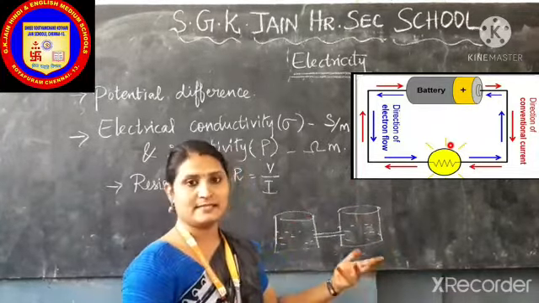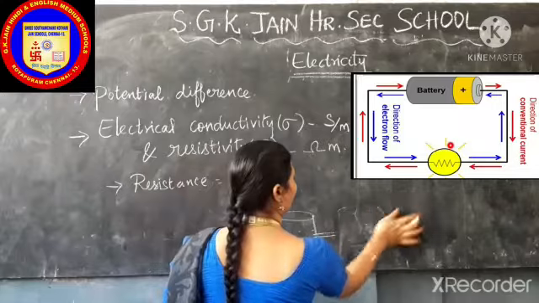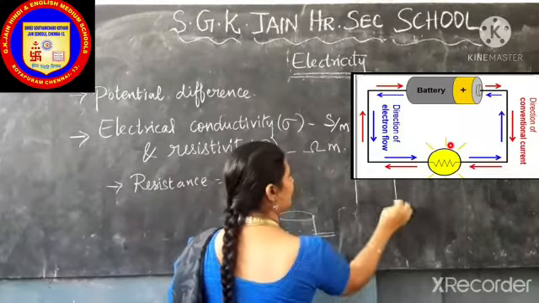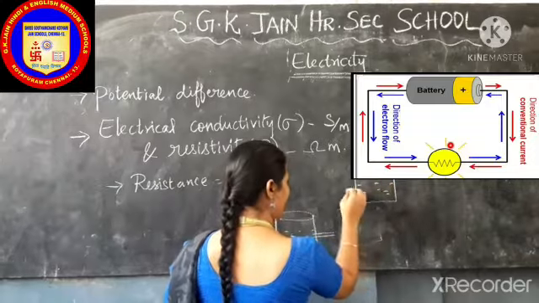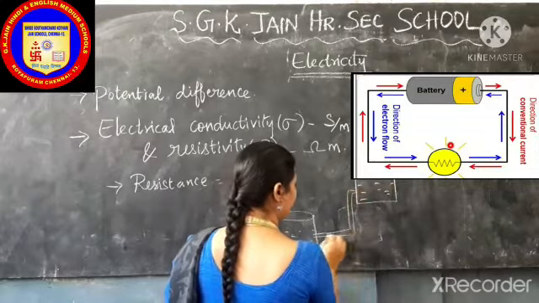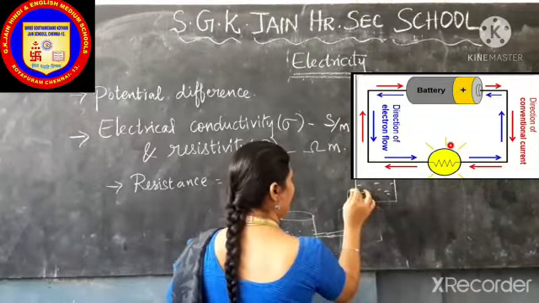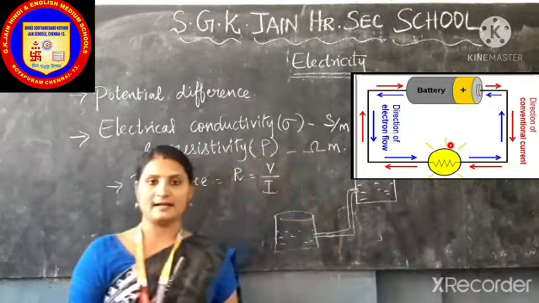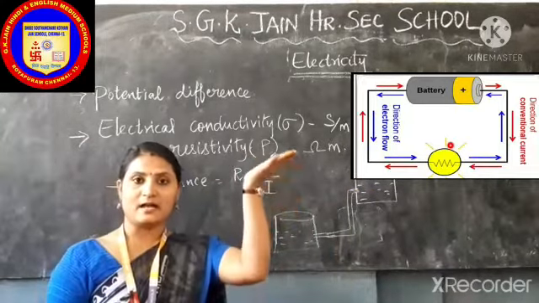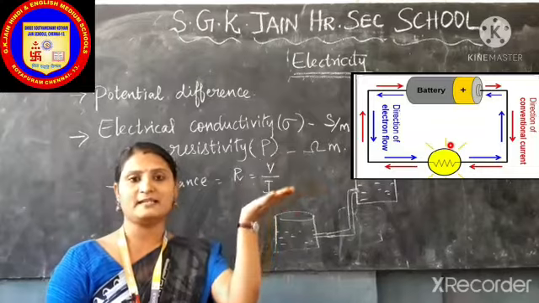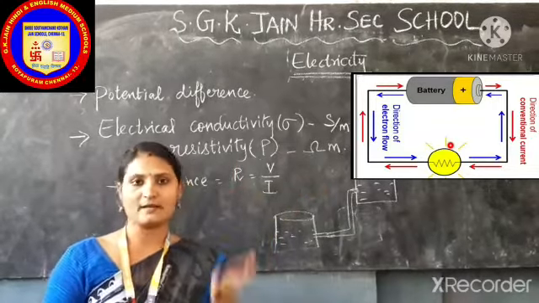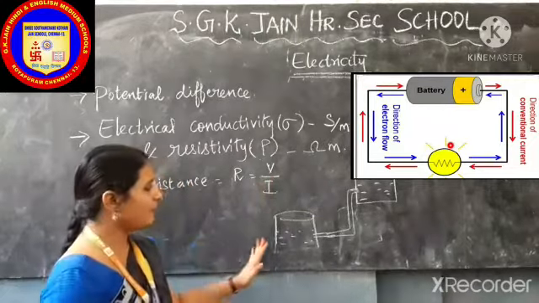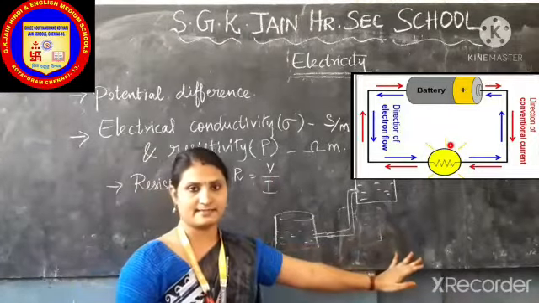But in this case, if I keep one container on top, I give a height difference. One container is kept high and another container is kept at the bottom, lower than the first. What will happen in this case?